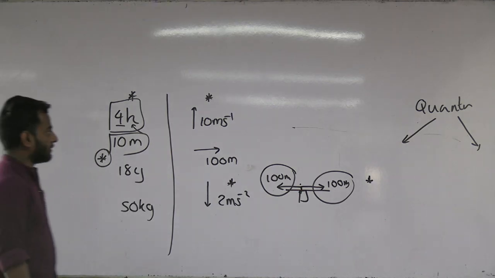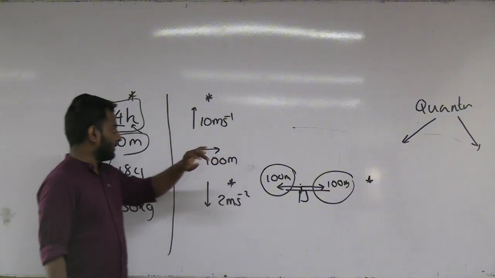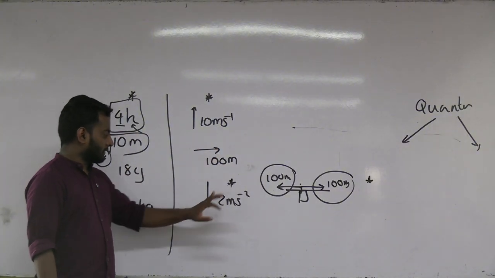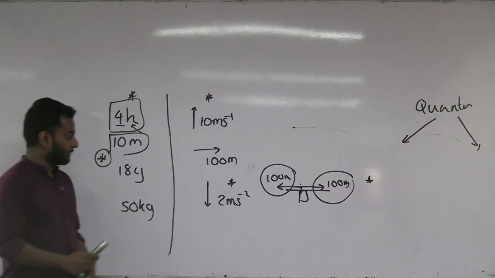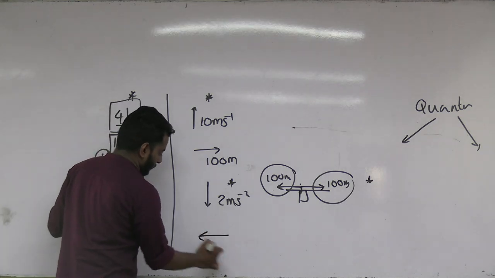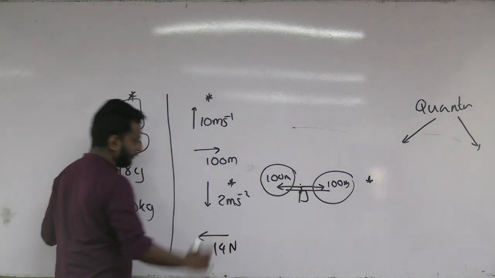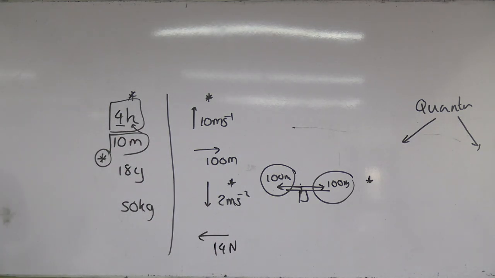And under vector quantities, we can write velocity 10 meters per second, displacement 100 meters, acceleration 2 m/s², and also force 14 newtons.